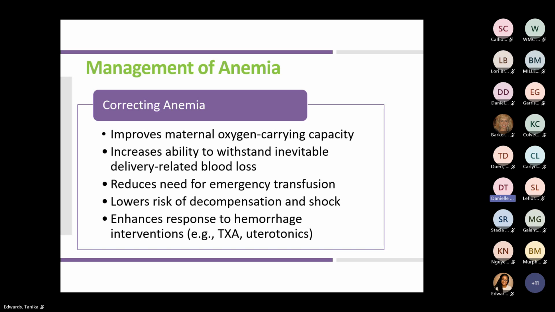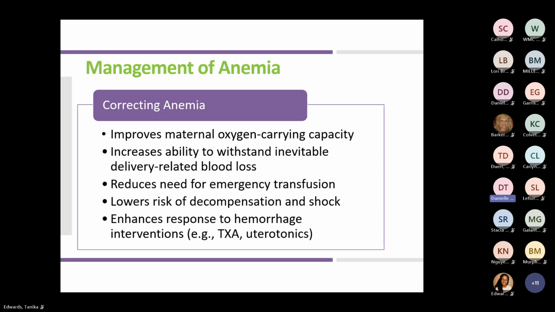And we typically in the high-risk world talk about blood transfusion when you have a hemoglobin less than 7. When we get to 6 or less, that's when we have the potential of having loss of the pregnancy or growth restriction or even severe maternal morbidity related to it.